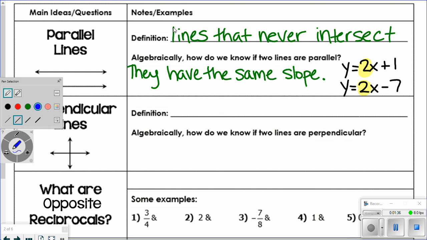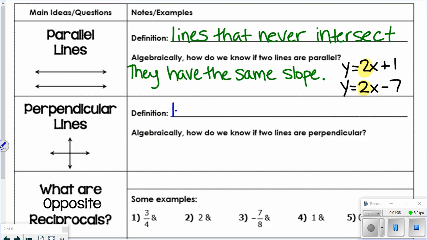Perpendicular lines are lines that intersect at 90-degree angles. So they form a right angle.